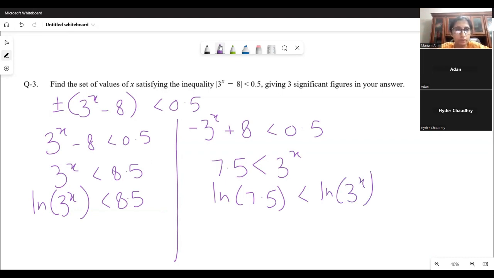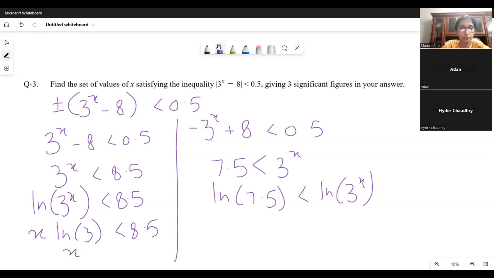I think I've made a mistake somewhere. Let's see. Okay. Then you use a property of log, which is that whatever is the power can come in the base. So x ln 3 is less than 8.5.